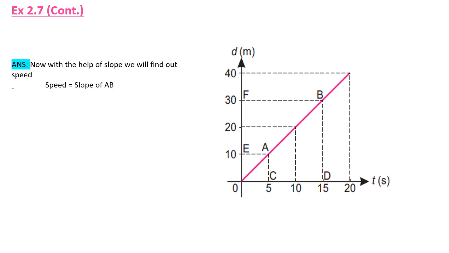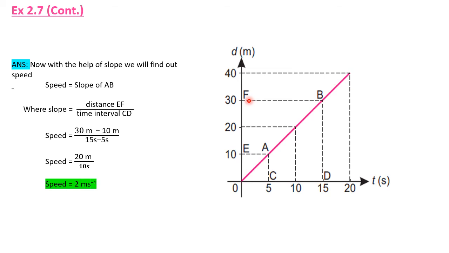Speed is equal to the slope of AB, whereas slope is the ratio between vertical change and horizontal change. Vertically, the change is from point F to E, or EF, whereas the horizontal change is between points C and D.